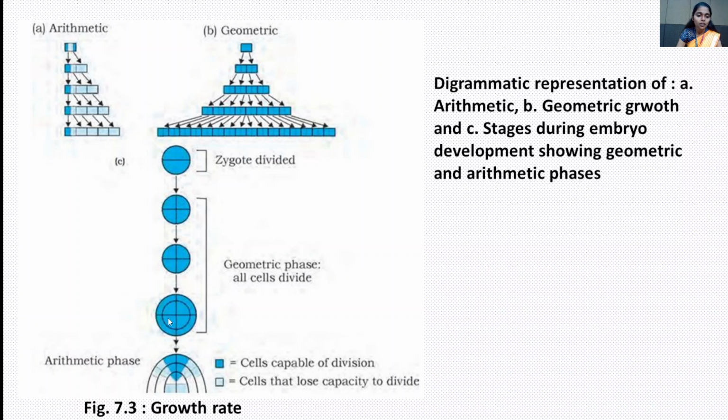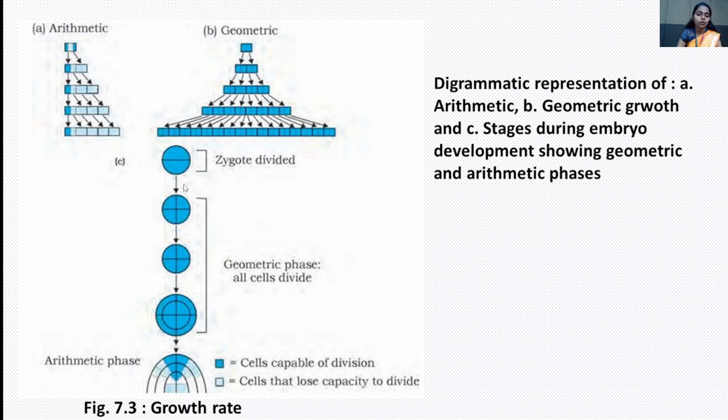The dark blue color structures are cells capable of division, and the faint color is a cell that lost the capacity to divide. These structures have lost the capacity to divide, and these are cells capable of dividing.